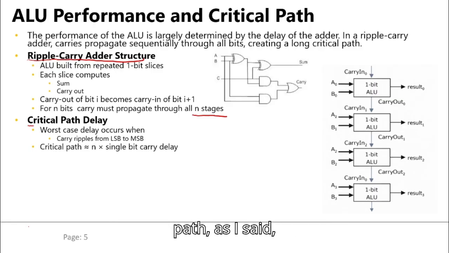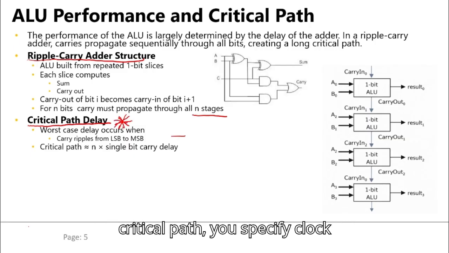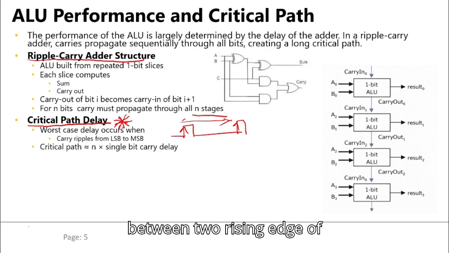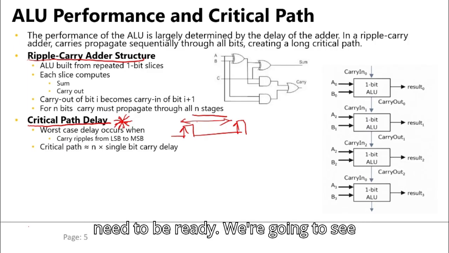Critical path, as I said, is very important because with it you specify the clock cycle. The clock cycle is the time between two rising edges of the clock. This period is important to do stuff. When the next clock comes, everything needs to be ready.